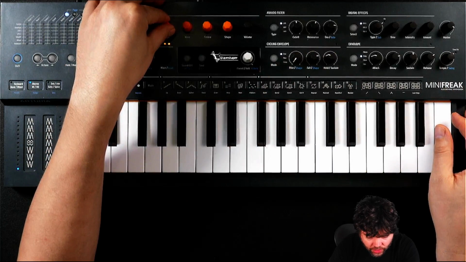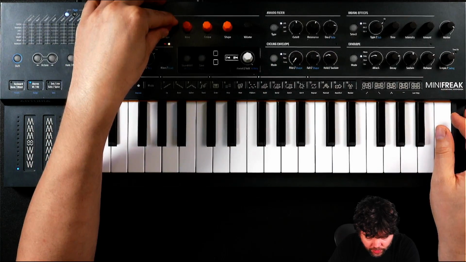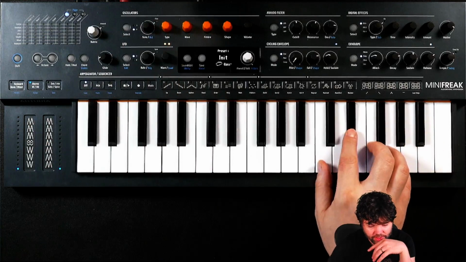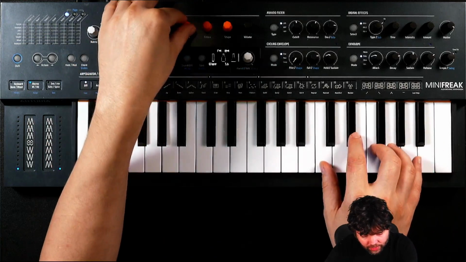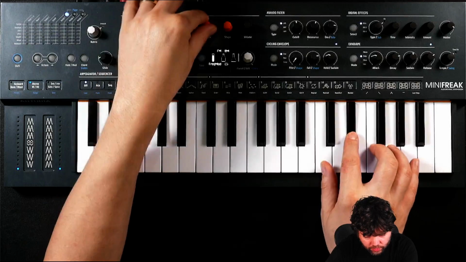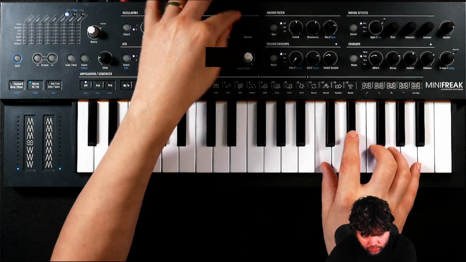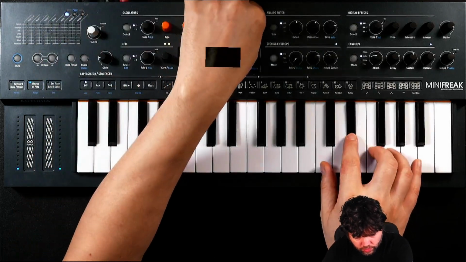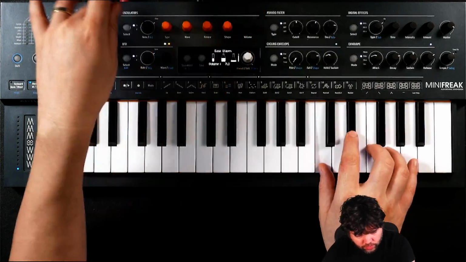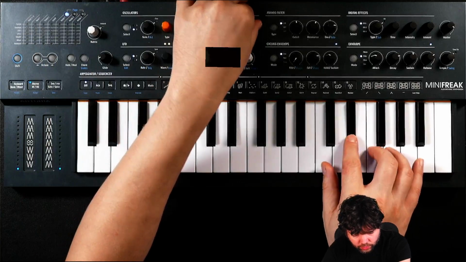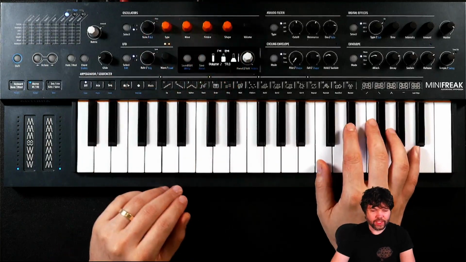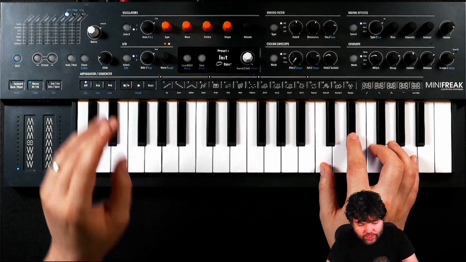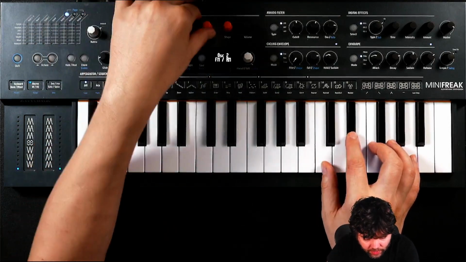Now Oscillator 2, once we go past all of the familiar sounds, the first unusual one here is FM and ring mod. So in this case, it is generating a sound and using that to process the sound of the first oscillator.